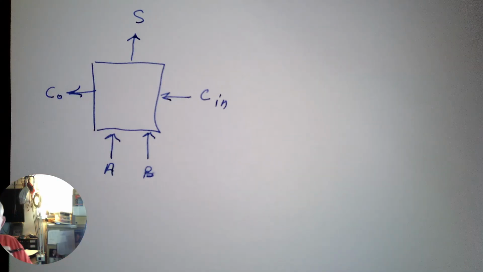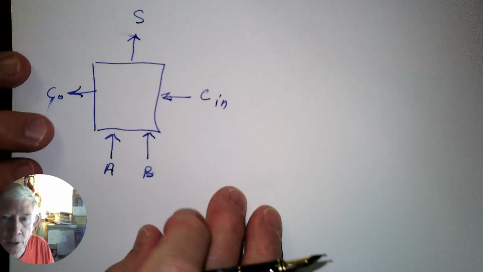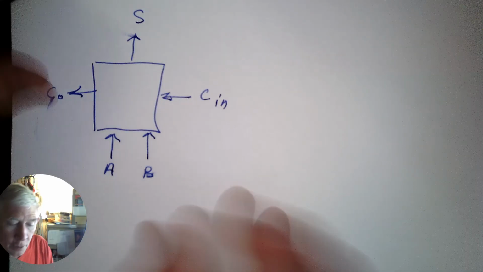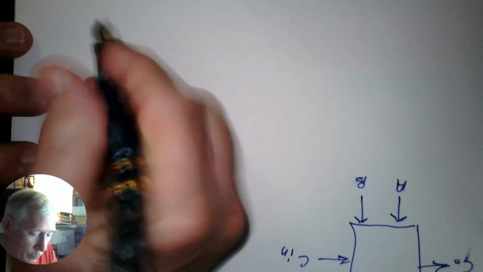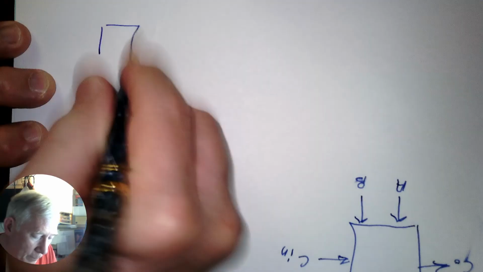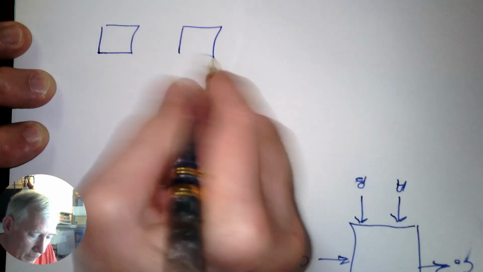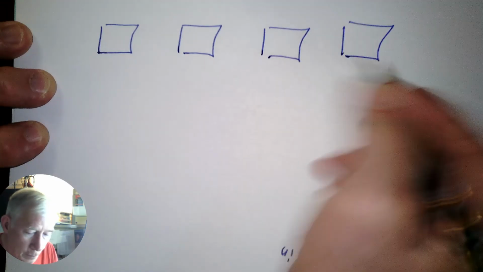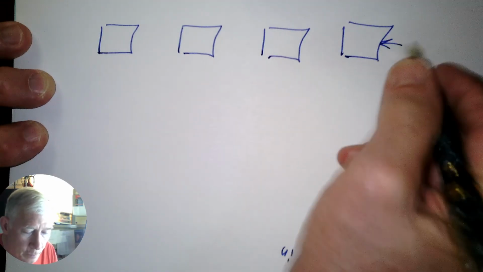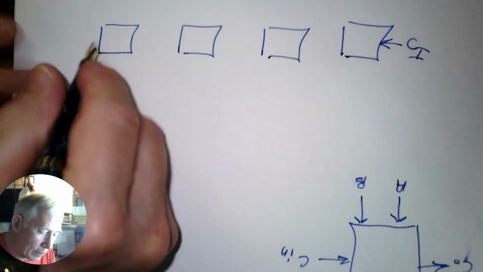Now, what you can do to make a 4-bit adder is you can take 4 of these 1-bit adders and daisy chain them together. And I'm going to flip this around. So you can do 4 of these, and we'll just set this up. So here's our carry in, and we have a final carry out.